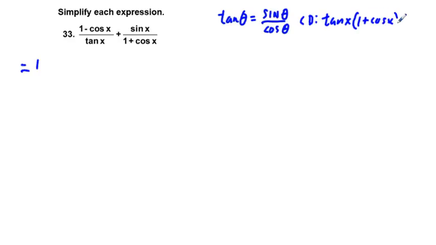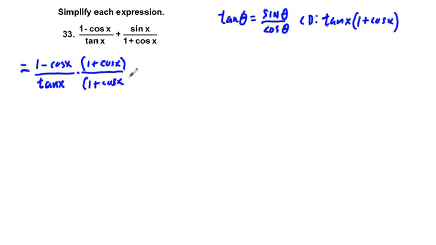Okay, so we're going to rewrite this as 1 minus cosine x over tangent x. And then what do we need to multiply by to get a common denominator of tangent x times quantity 1 plus cosine x? Well, it's going to be 1 plus cosine x over 1 plus cosine x.